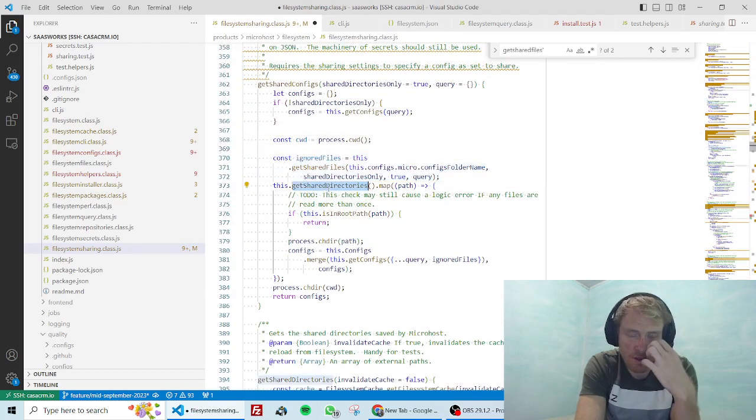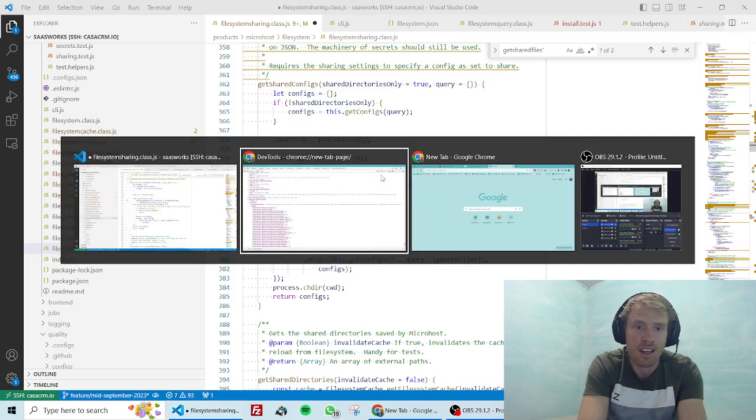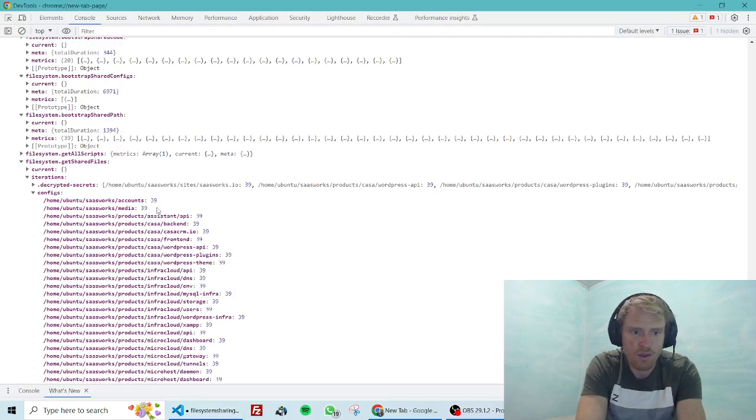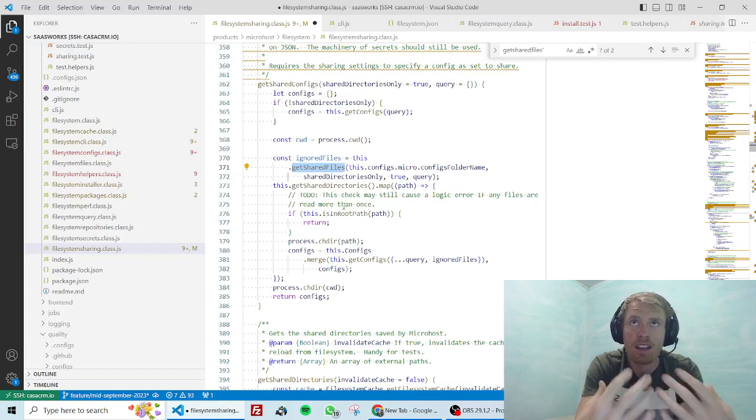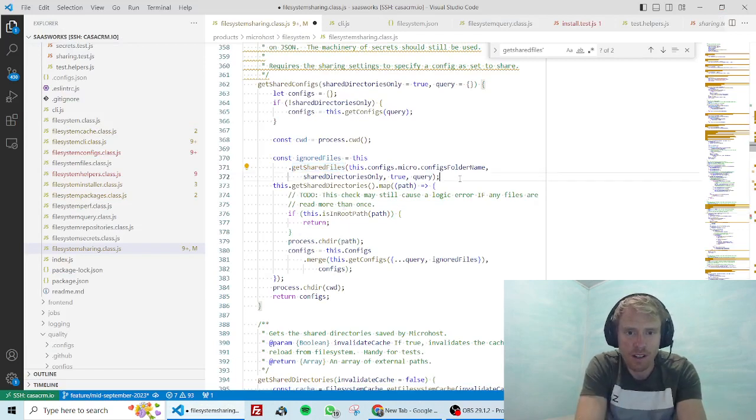So for every shared directory, and there's 39 of them, it was trying to run another shared files query, which is why, in other words, it shouldn't, due to the way the system's architected, it should only have to query one time per package, but it was doing it 39 times. And so that indicated obviously some kind of n squared type of iterative, probably unnecessary, processing.